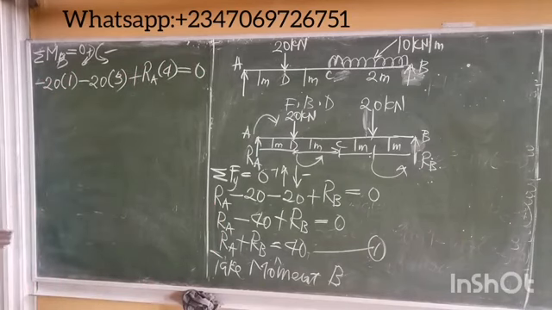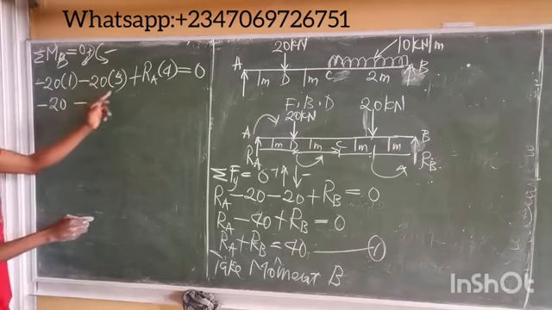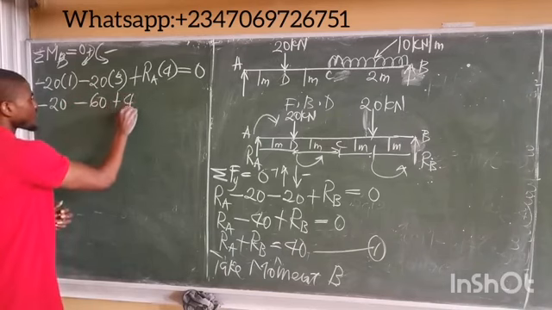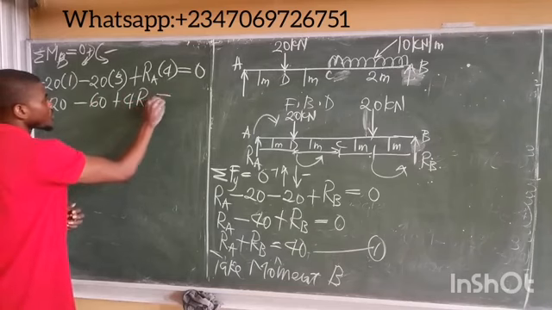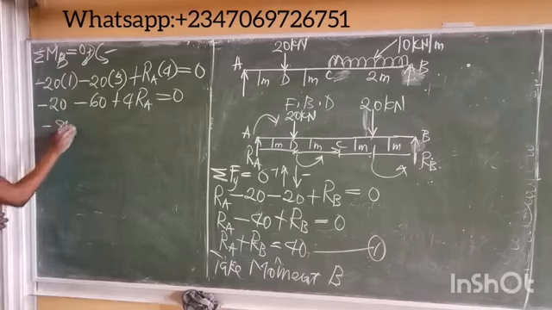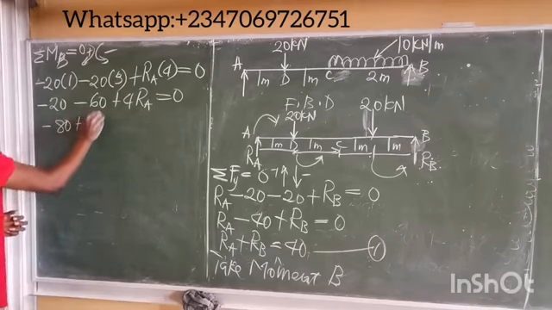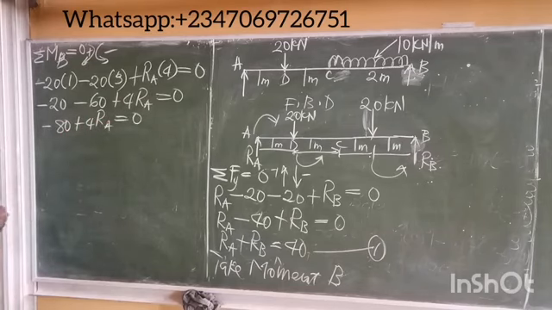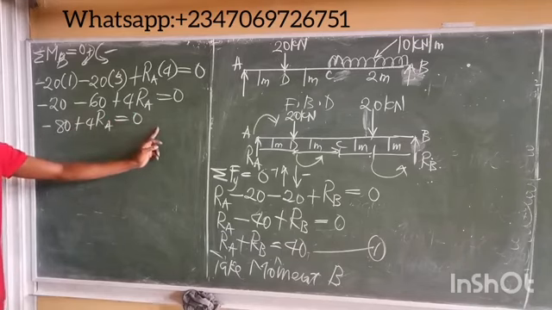Okay, so if we evaluate this moment now, minus 20 times 1 simply gives us minus 20. Minus 20 times 3 gives us minus 60. Plus 4RA equals 0. Of course, minus 20 minus 60 simply gives us minus 80 plus 4RA equals 0. So all we need to do now at this point is simply send minus 80 over to this side of the equation.